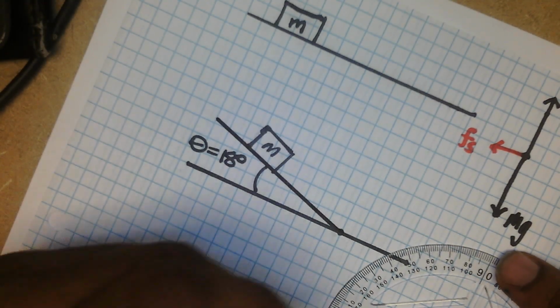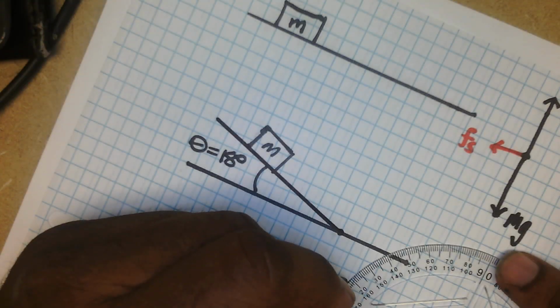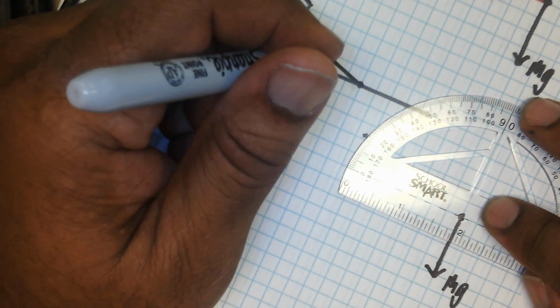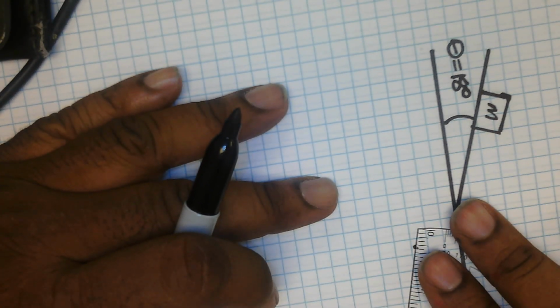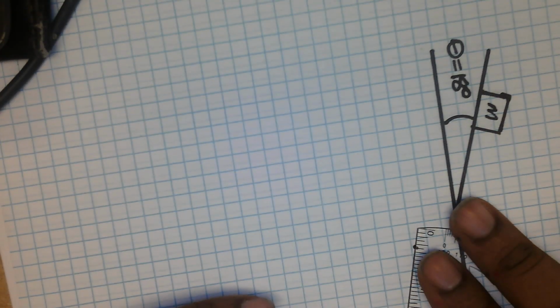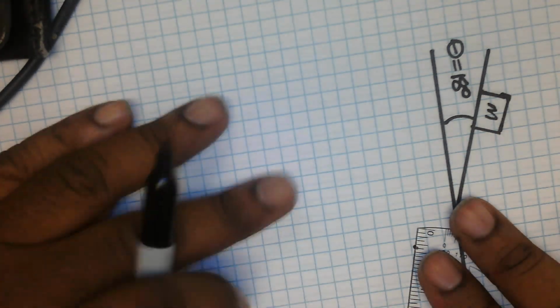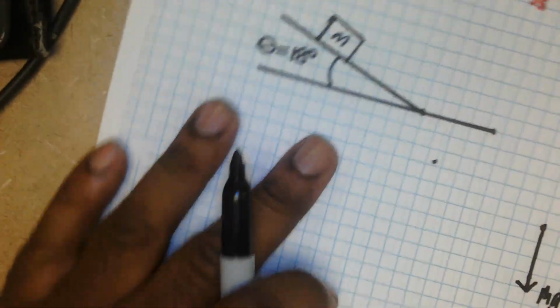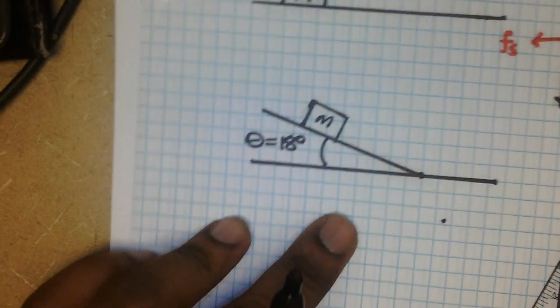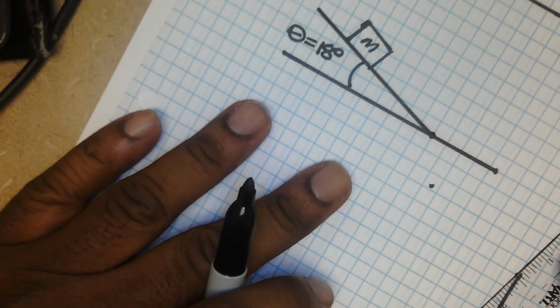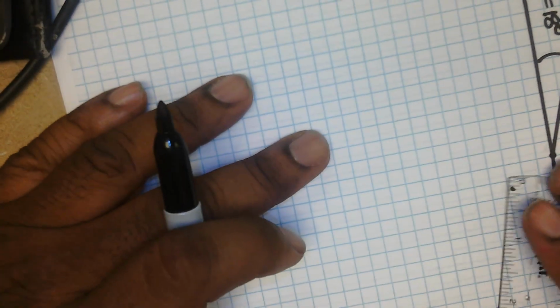So 18 degrees puts me right about there. So I'm not going to draw it all the way out to there, but that's where the surface is. So 90 degrees from that, that's my surface right here.